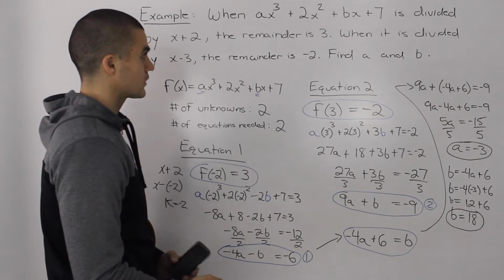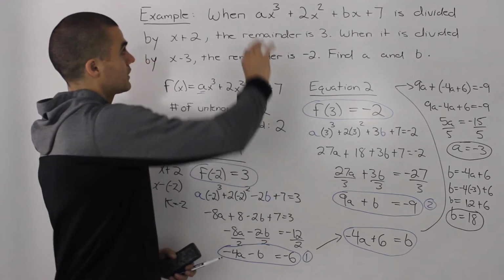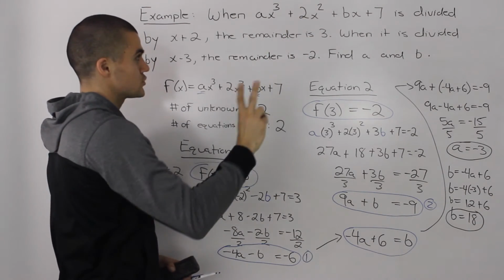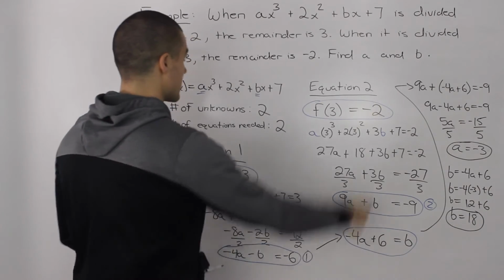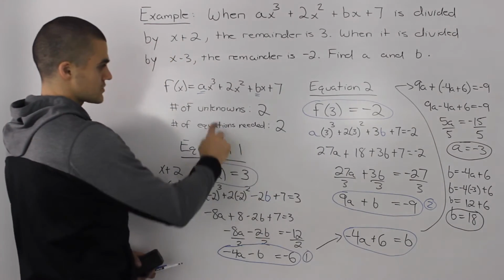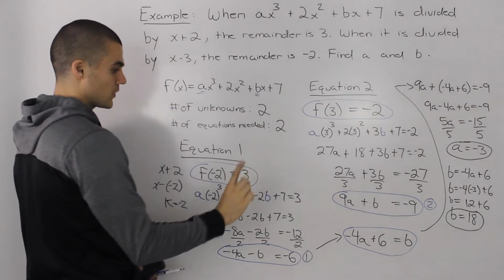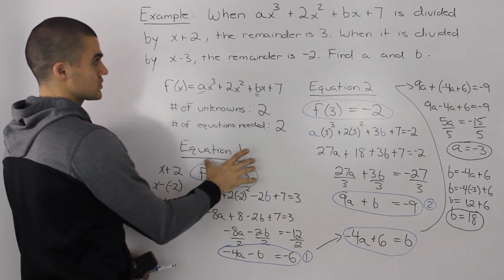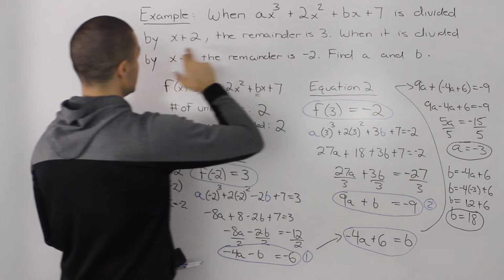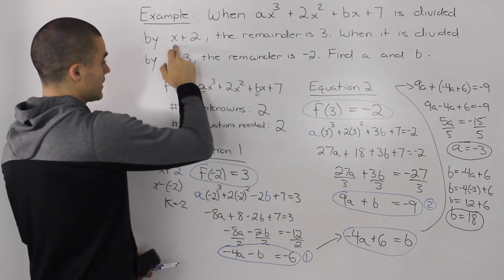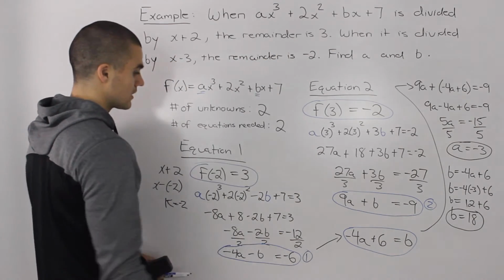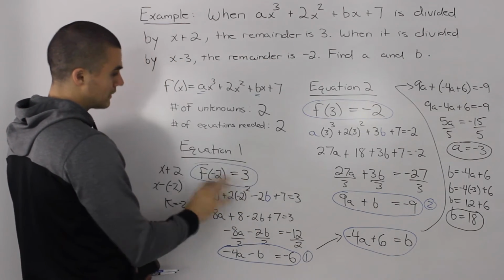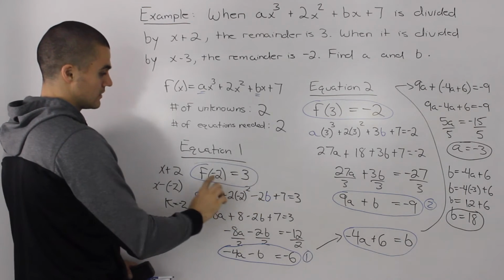Alright, so let's do a quick recap of what happened here. So we were given a dividend with two unknowns, and we had to find the two unknowns a and b. So since we have two unknowns, we need two equations. So the first equation we got with the piece of information saying that if we divide it by x plus 2, the remainder is 3, and we can use the remainder theorem to make an equation for that.